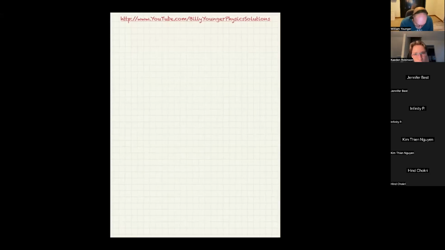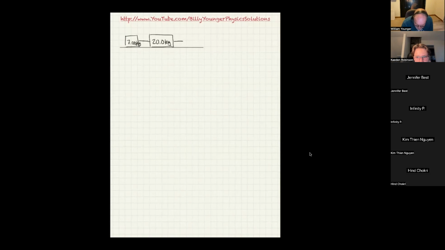All right, so I'm going to draw a level surface, and then I am going to draw a box that has a mass of 7.00 kilograms. That's attached to a rope that has a box of 20.0 kilograms.